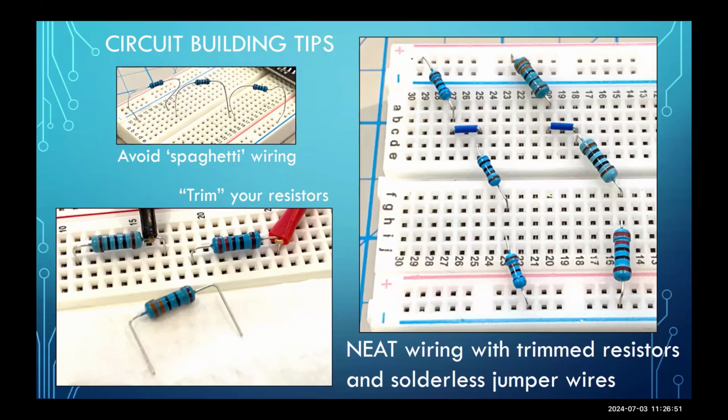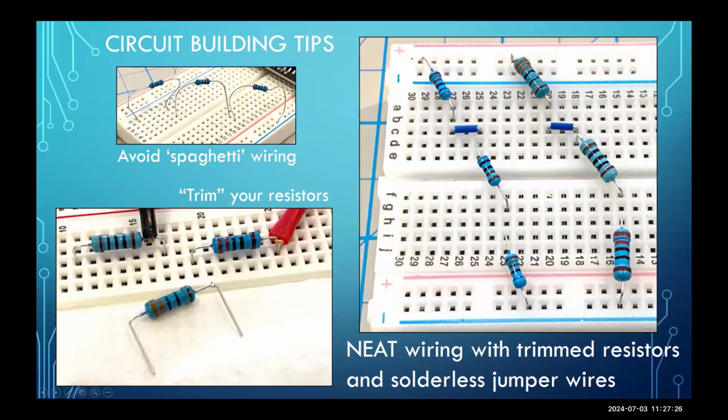And I showed you some illustrations of neat wiring previously. How do we achieve this? First of all, trim your resistors. The resistors that you use, as they come out of your resistor packets, should be bent and trimmed, cut short, so that the axial leads coming out of the sides of the resistors will give you enough consistent length such that you could use a mini hook and grab onto the top axial lead right there.